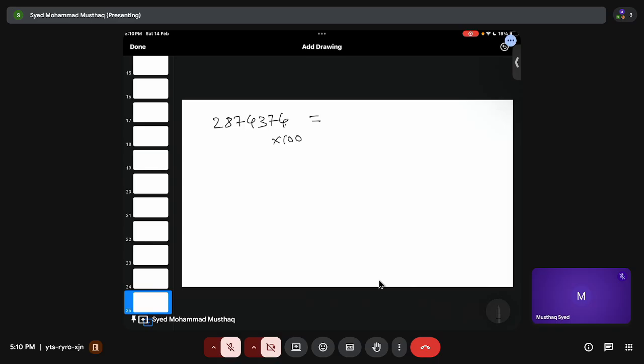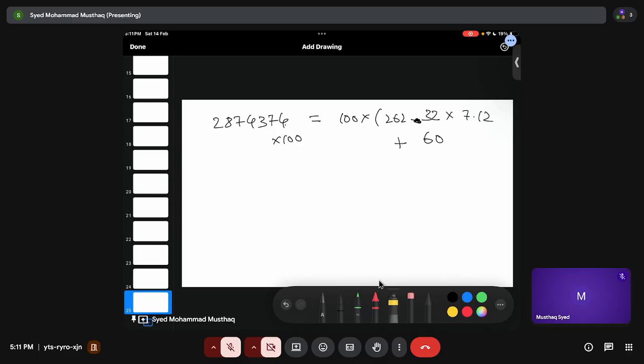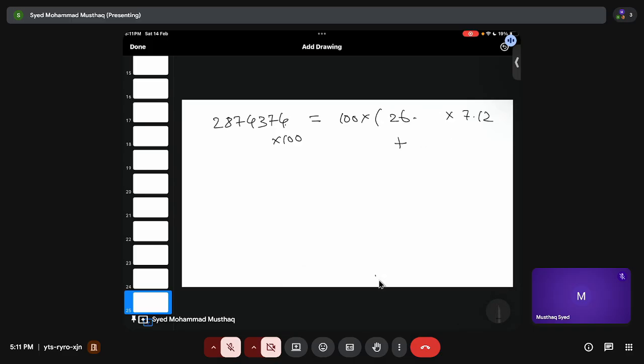So that will be equal to 100 into 26.232, which will be our nitrogen, right? 26.232 into 7.12, which is the enthalpy value.